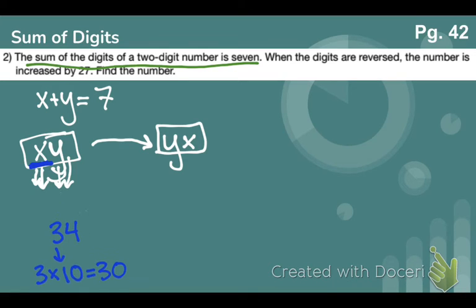So if I did 3 times 10 equals 30, what would I need to do for that x? Oh, wait, x, sorry. So this x is in the tens place. And we just said for this 3 in the tens place, that doesn't just mean 3, it means 3 times 10 equals 30.